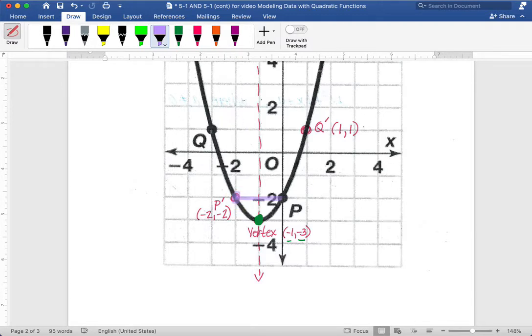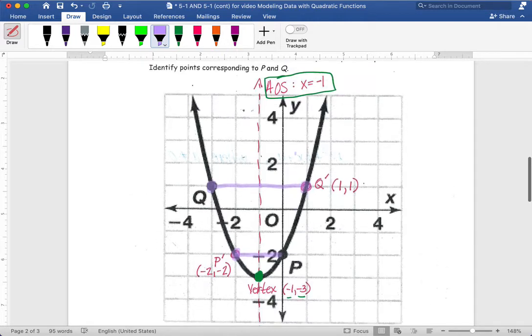This point, Q, is 2 units away from the axis of symmetry. Its corresponding point would be 2 units on the other side of the axis of symmetry. Folks, when you fold this paper on the axis of symmetry, this side of the parabola would lie directly on top of that side of the parabola.